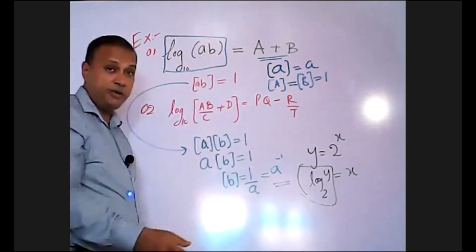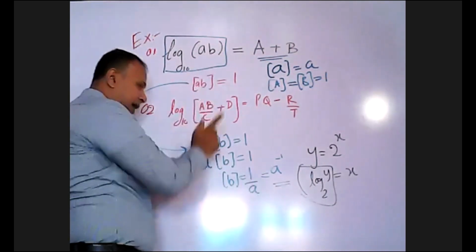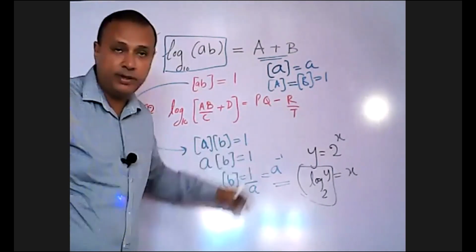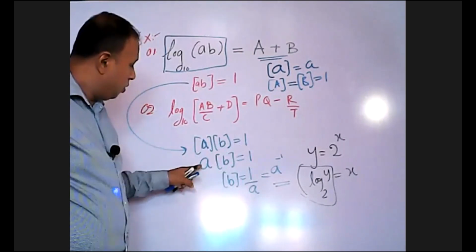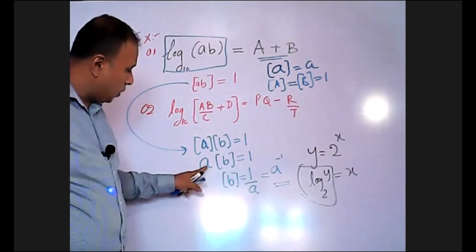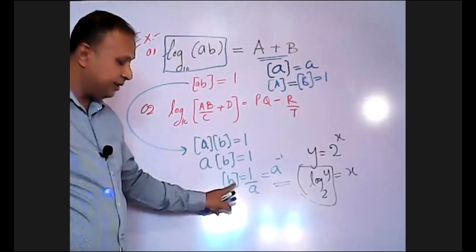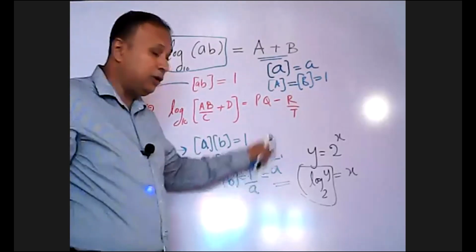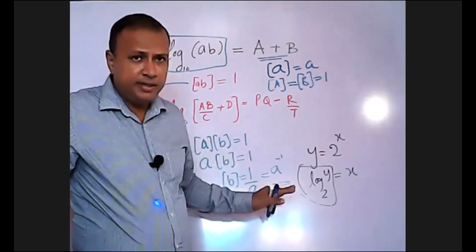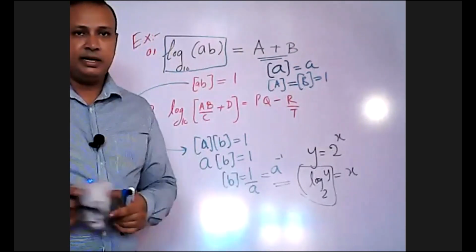So if it is a number, the product of the dimension of a and the dimension of b is equal to 1. Now, the dimension of a is given, so it is equal to a. So a into the dimension of b is equal to 1. Then we can find the dimension of b, that is equal to a to the power minus 1. Do you understand? Very good. Others?